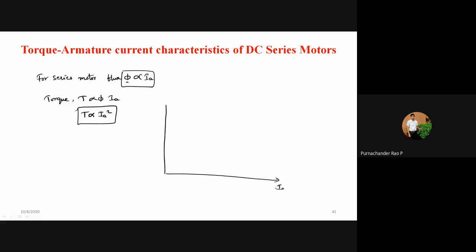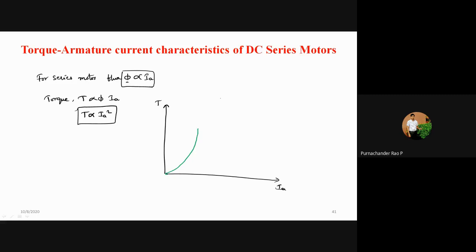This is your armature current, and this is your torque. And this characteristic is like a parabola, because it is a square, so it is just like a parabola like this.